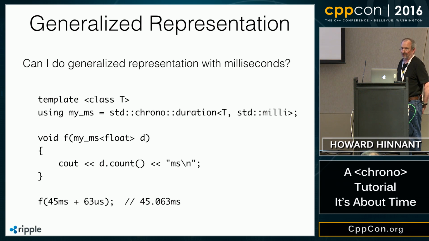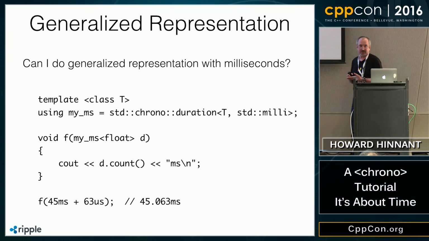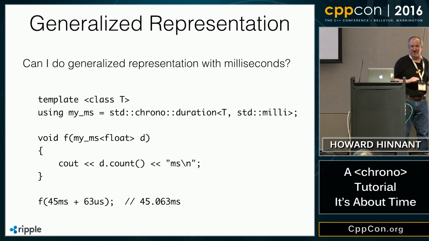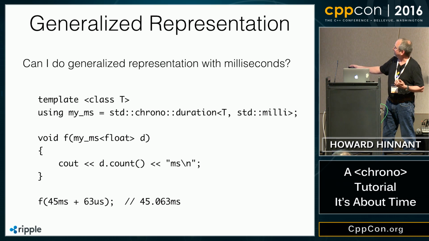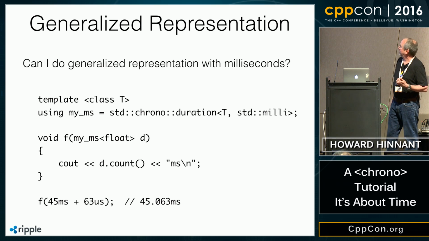At this point, you might be wondering, well, what I really want is generalized representation on something that's not seconds. Say, for example, milliseconds. Can I do that? Of course you can. This is Chrono. You can do anything. So here's how you might do this. Here's a template typedef.